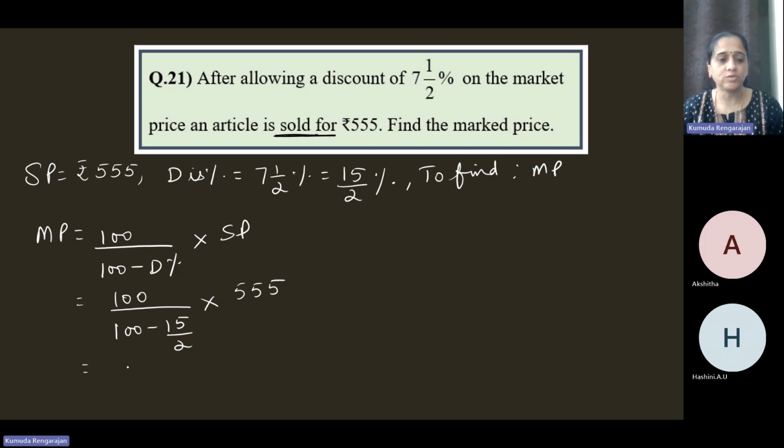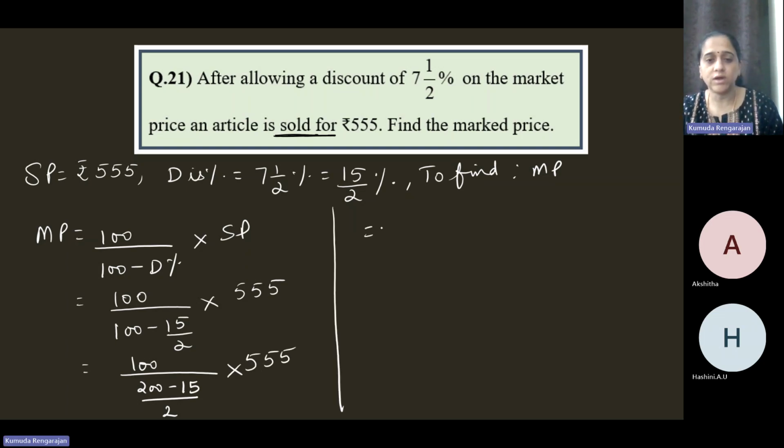We'll do simplification together. Now tell me, 100 divided by 2 is a common denominator, right? Yes, ma'am. Then 200, 2 into 100, 200, correct? Minus 15 into 5. Now this 100, what's the numerator?